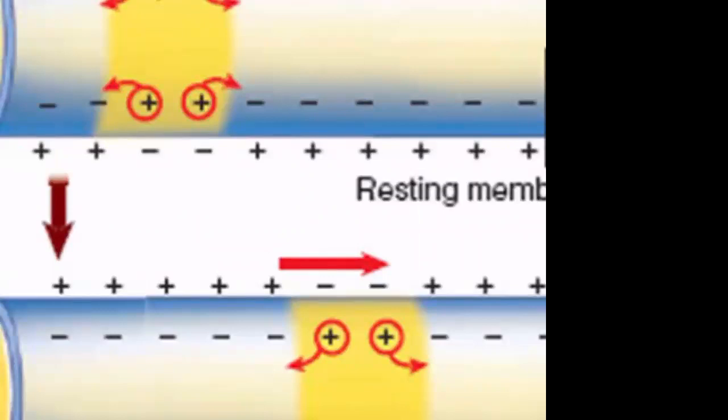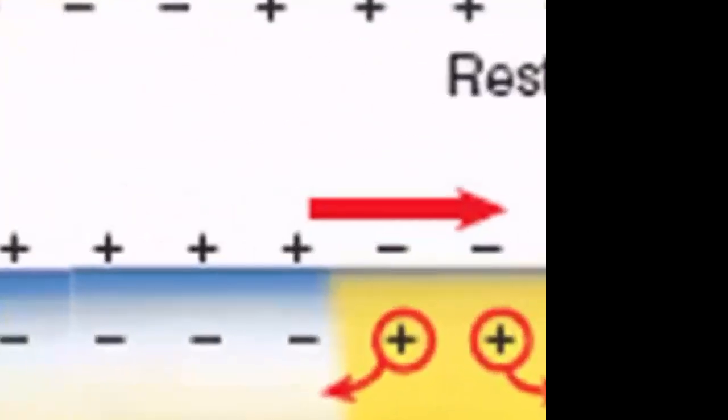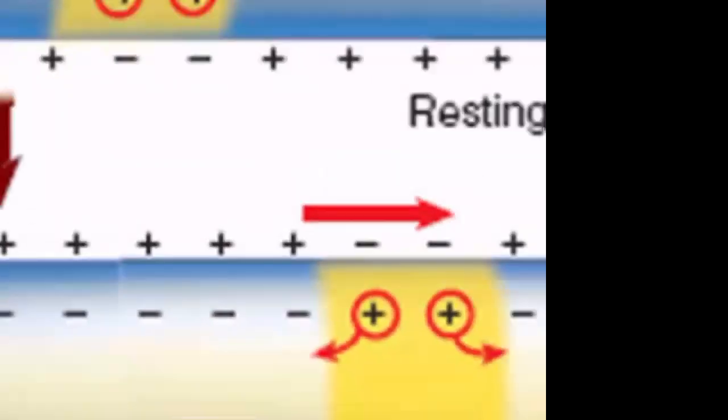What is stopping them from going back in here rather than these positives going in here? There is a slight period of time where the membrane resists that. It doesn't allow for it, just for the briefest of moments.